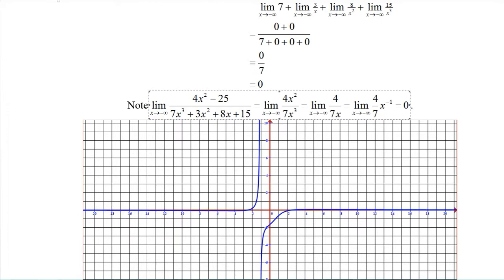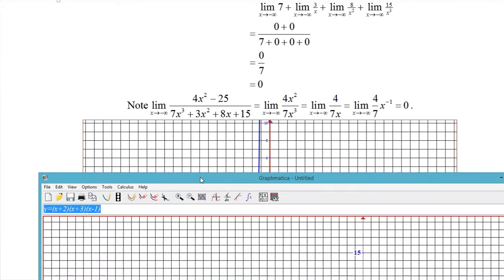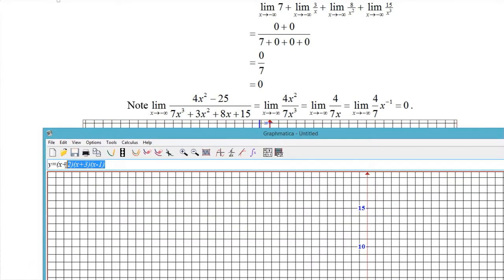Maybe this might be an interesting one to actually take a look at in Graphmatica. Let me pull that up and see if we can type this in. Parentheses around the numerator, 4x squared minus 25, divided by 7x cubed plus 3x squared plus 8x plus 15.